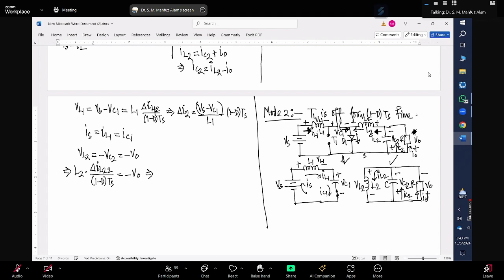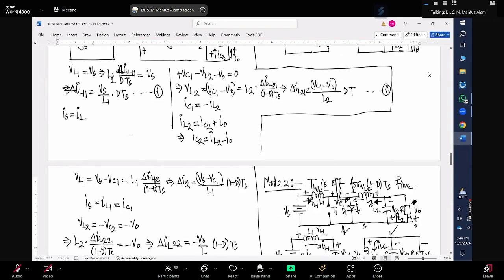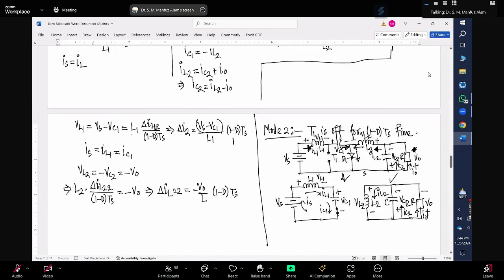Or we can write del IL2 equals minus V0 over L2 times (1 minus D) multiplied by Ts. So this should be your equation number 3, and this should be your equation number 4.